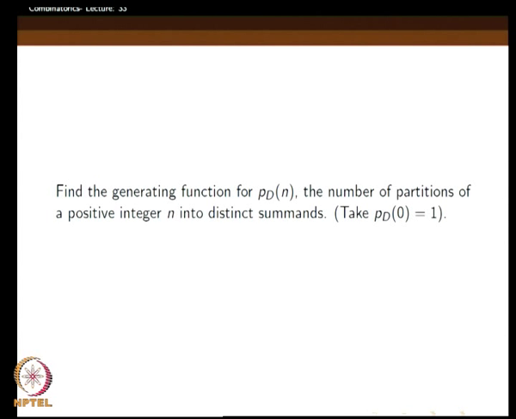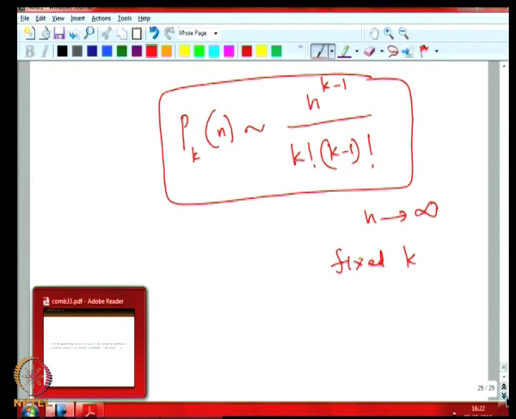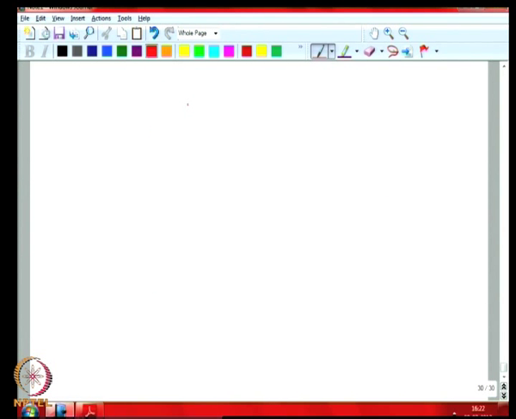What do I mean by that? All parts are distinct. See, for instance, if we take 10, so 10 equal to 10, this is a one summand partition. Anyway, there is nothing to discuss there because it is not a question of all parts being distinct. Then for instance 10 can be written as 9 plus 1.